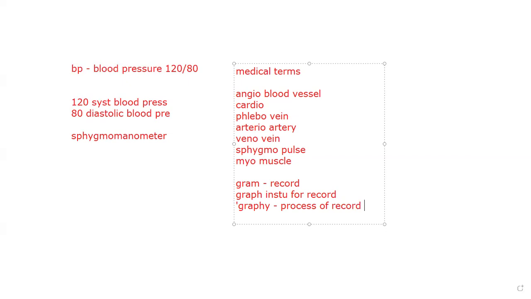Like this. Recently what they asked was to record something related to muscle. They gave electromyography, the electrical activity of the heart muscle. Which of the following is correct? Electromyography something.